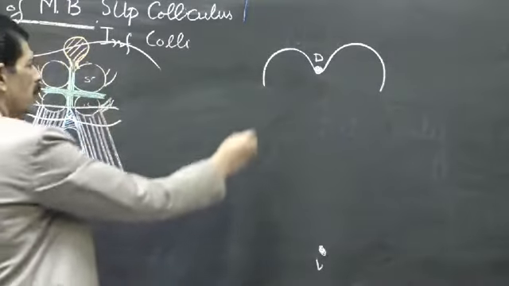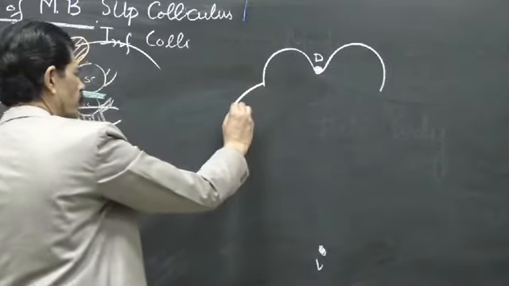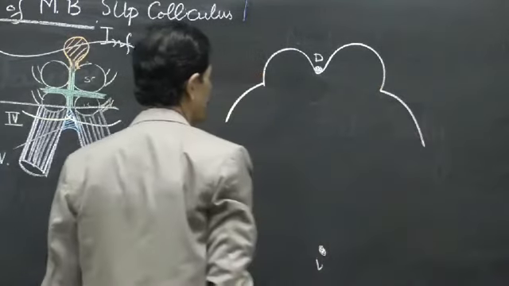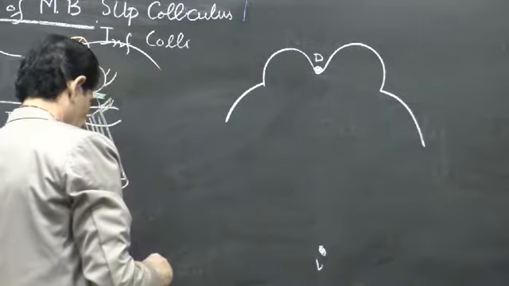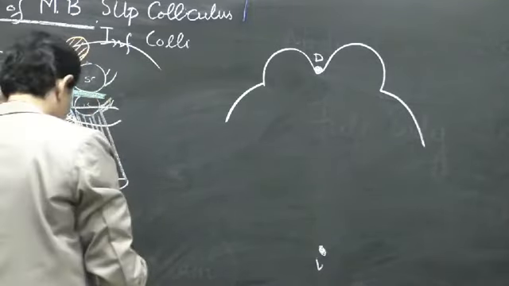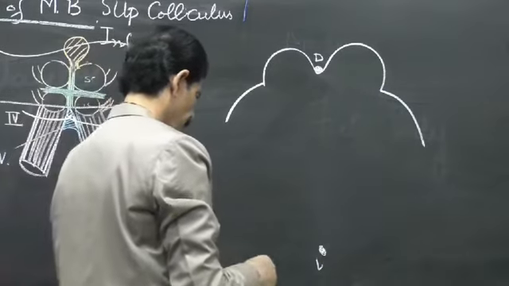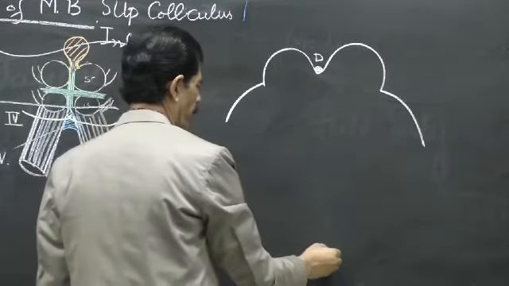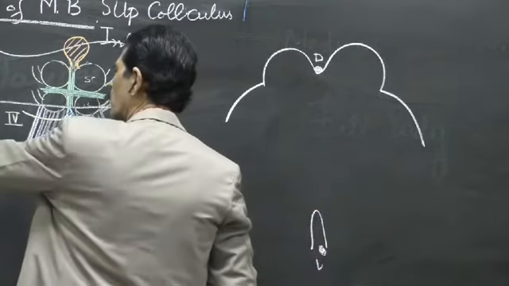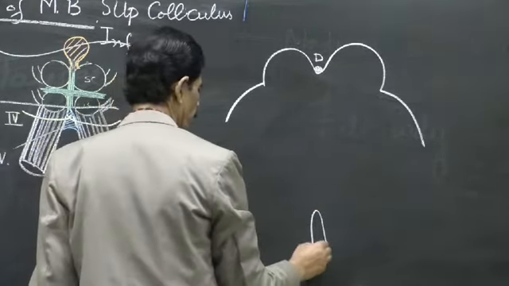Then laterally, the brachium of the colliculus, and this is the ventral point. The ventral point has the medial point on either side. We cut the crus cerebri.